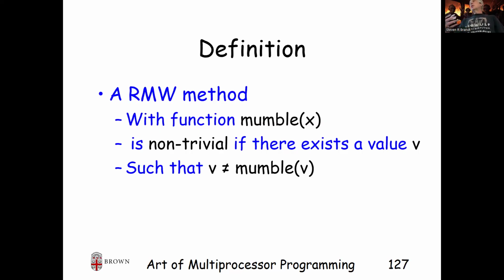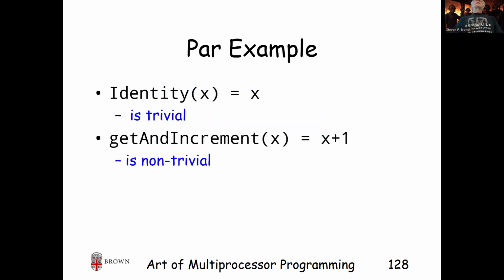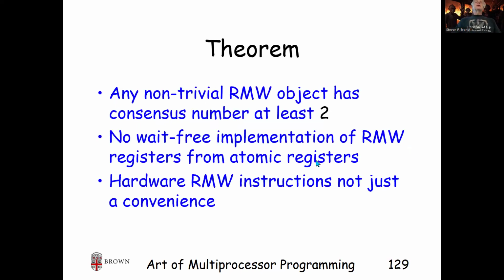So anything that changes the value is going to be non-trivial. So read, the identity, is trivial. Get and increment is non-trivial. All right. Any non-trivial read-modify-write object has consensus number at least 2. So that's good. No wait-free implementation of RMW registers is possible from regular memory.